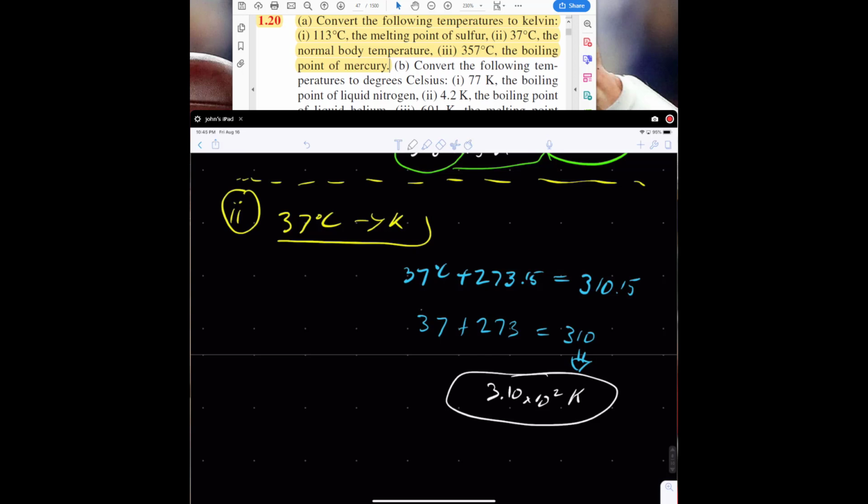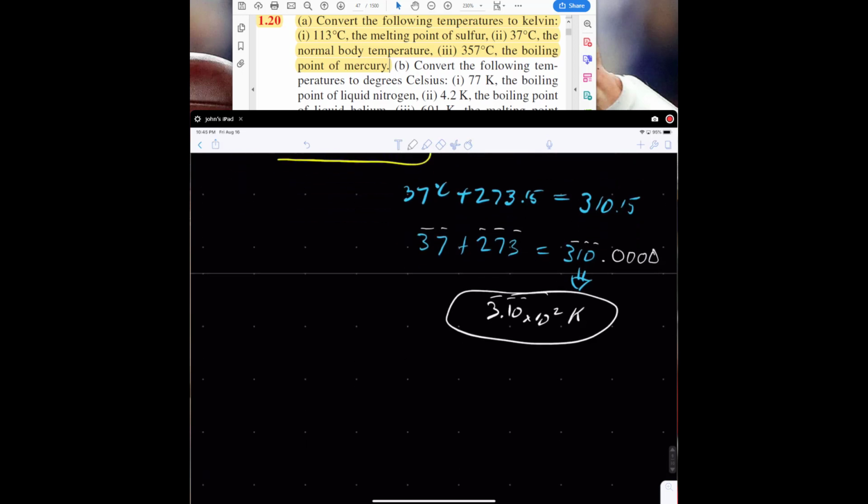Even though this is 2 and this is 3, when we add them, the sum is equal to 3 sig figs. And this is all before the decimal point, right? So these 3 are significant, and that's why we're keeping 3 here. Okay, understood. And it's not being reported as 2. So the importance of the sig fig rules for addition and subtraction versus multiplication and division needs to be addressed. Can't get that mixed up because they're totally different. Okay, so this is our answer there.